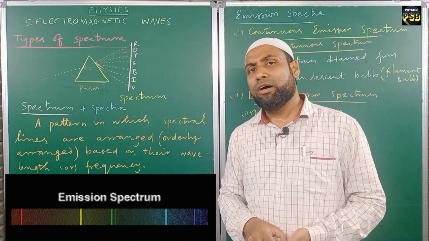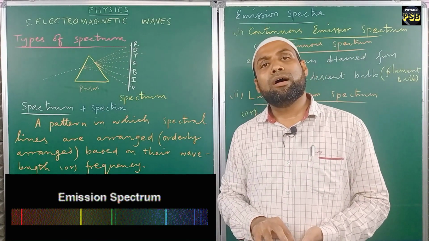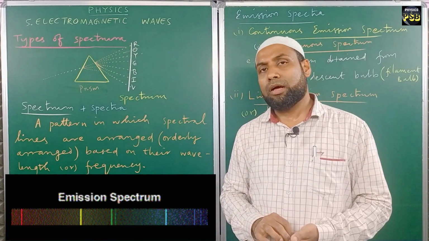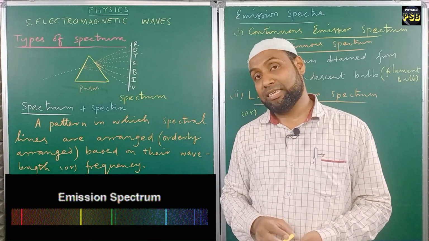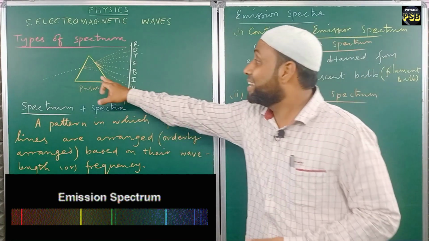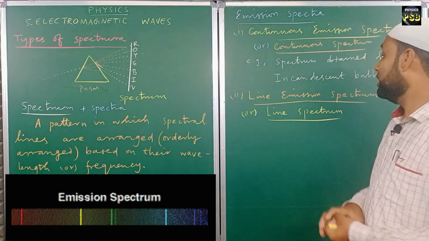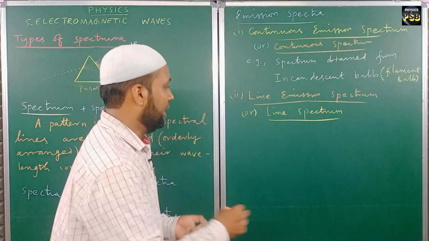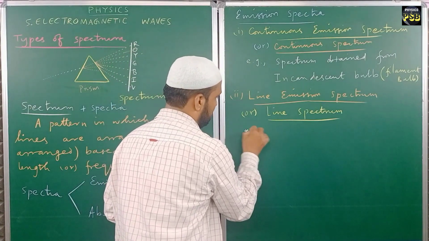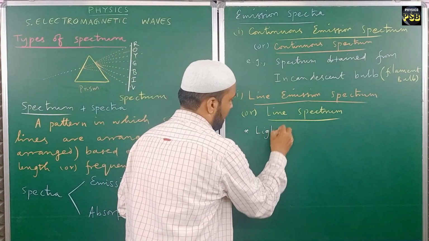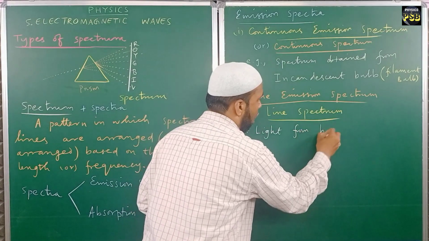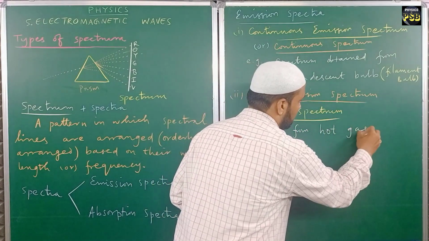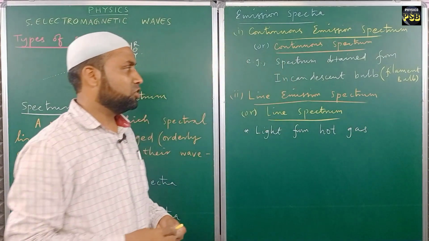When light obtained from hot gas is passed through a glass prism, we obtain a line emission spectrum.